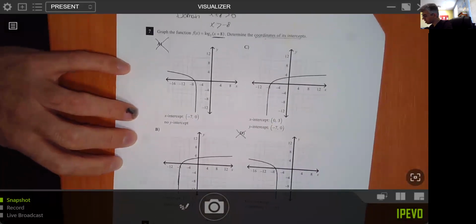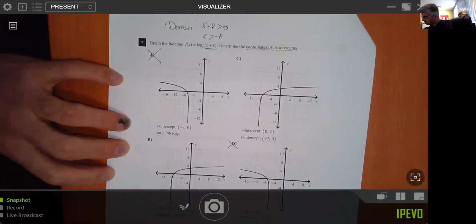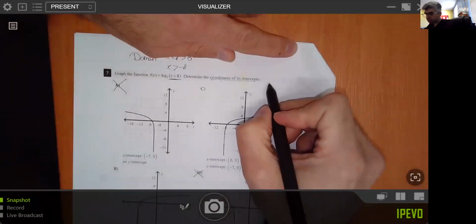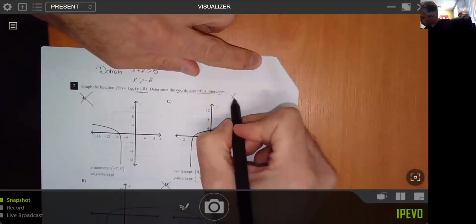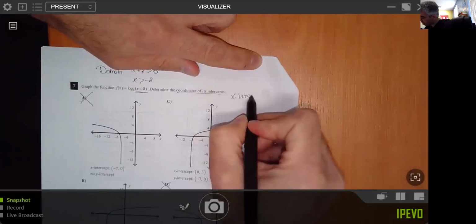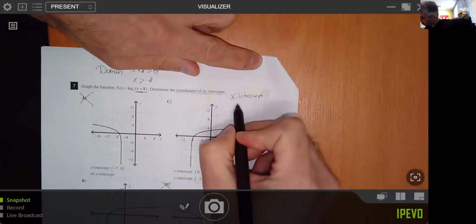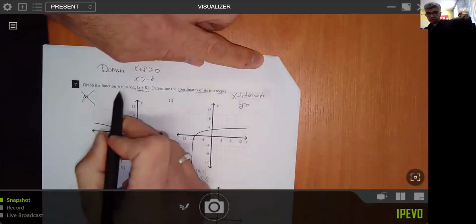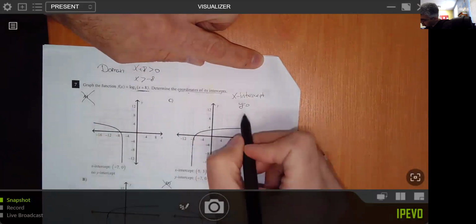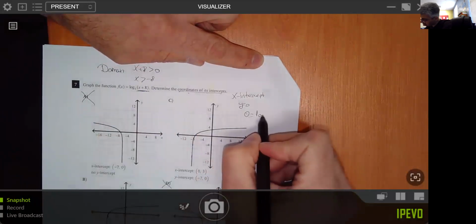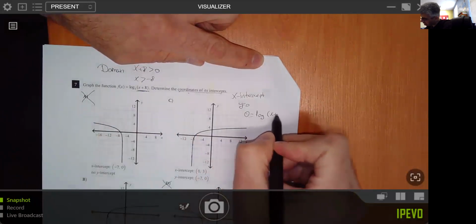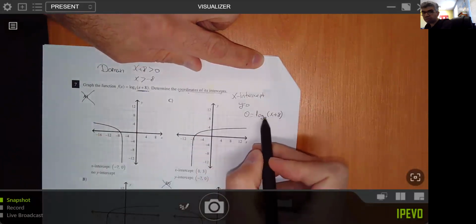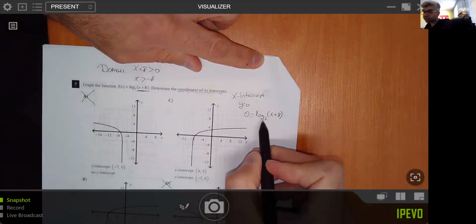How do you find the x-intercept? Where y is equal to 0, remember. So to find the x-intercept, y is equal to 0. So this is my function. 0 equals log of x plus 8 with base 2. I write this logarithmic function as exponential function.